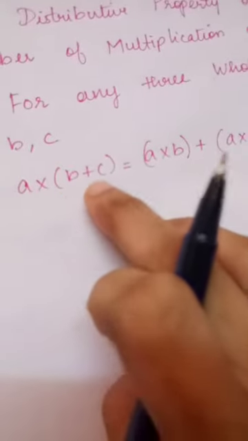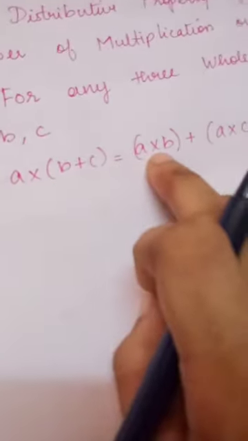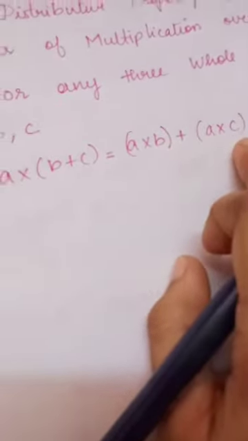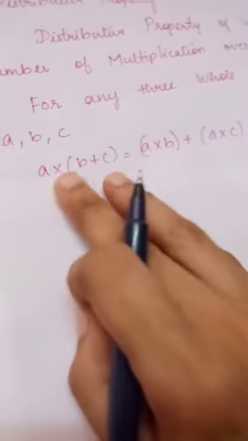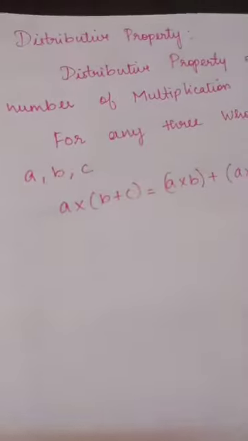Three whole numbers are used, but two different operators. That is why it is called the distributive property.